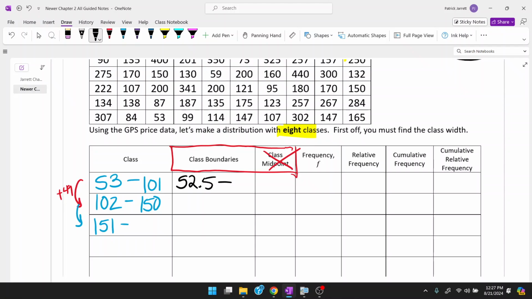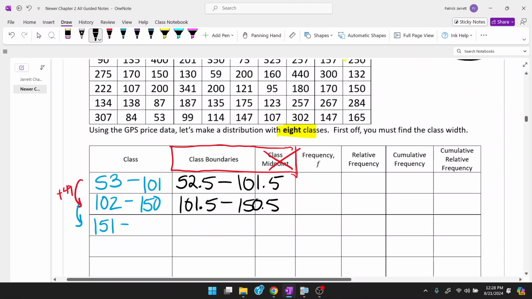So wouldn't it be 52.5 to 101.5? You subtract 0.5 from the lower and add 0.5 to the upper. Now for the next one, you would subtract 0.5, but it matches up with the fact that this was 101.5 and then 150.5.